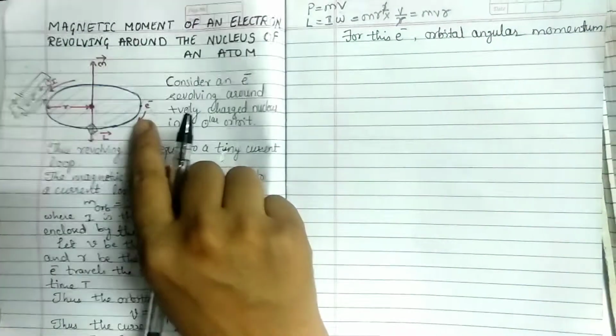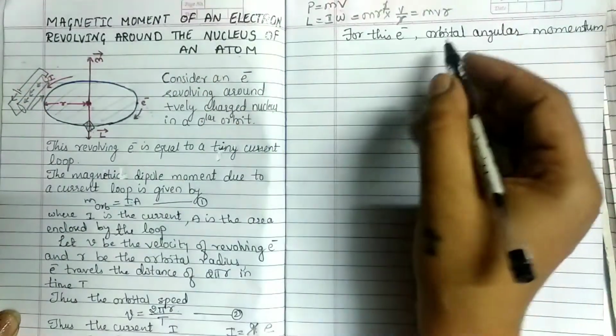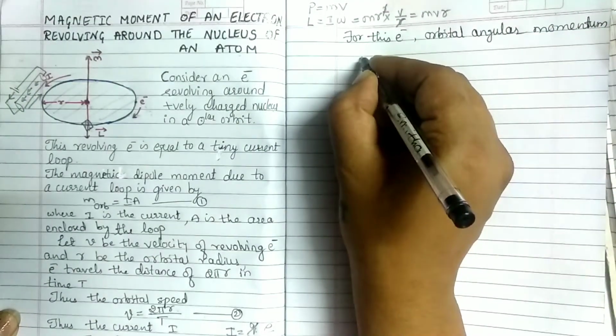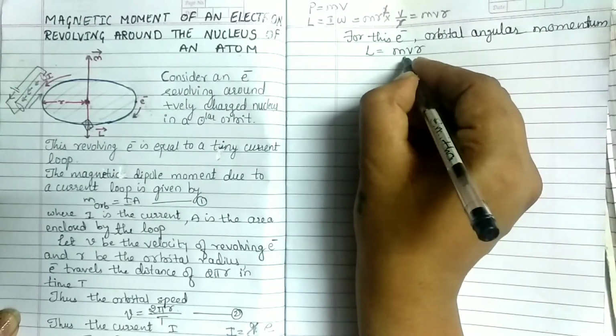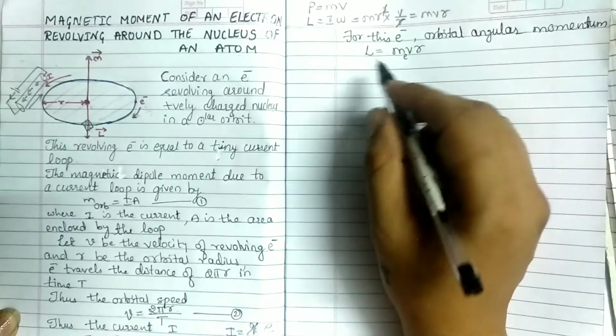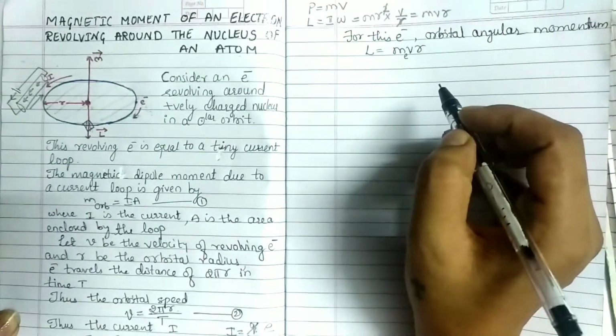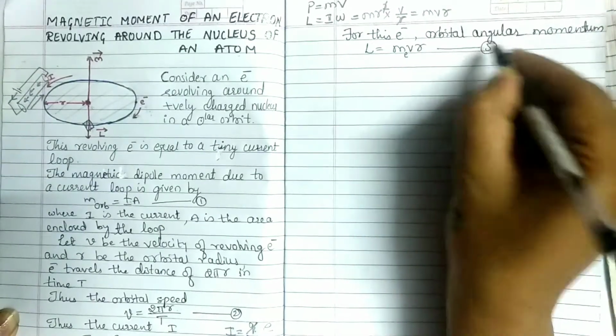So for this electron which is revolving in a circular orbit, the orbital angular momentum is given by L equals mvr, where I give a suffix e to m, so that it is the mass of the revolving electron. Call it equation 5.